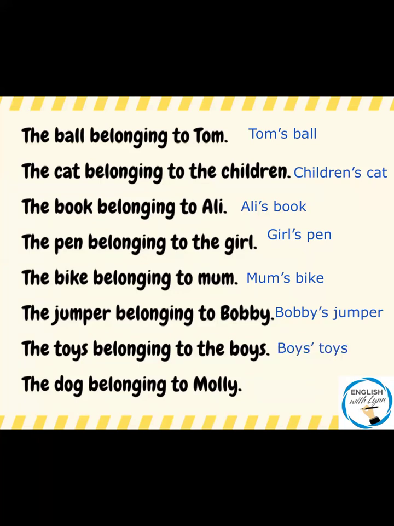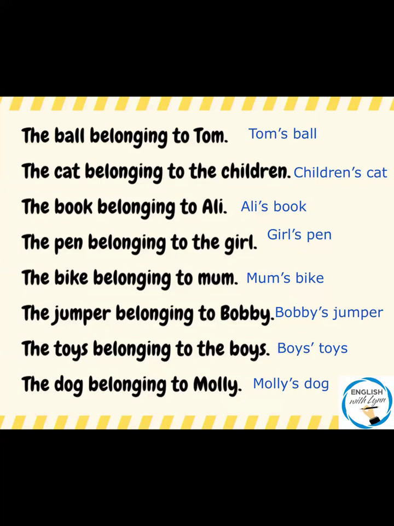And then the last one here, the dog belonging to Molly. So Molly is the name, it is her dog, so it's Molly's, so I put her name, and then an apostrophe, and then an S, and then the word dog, okay? So that is how we are using the apostrophe to show possession, okay?